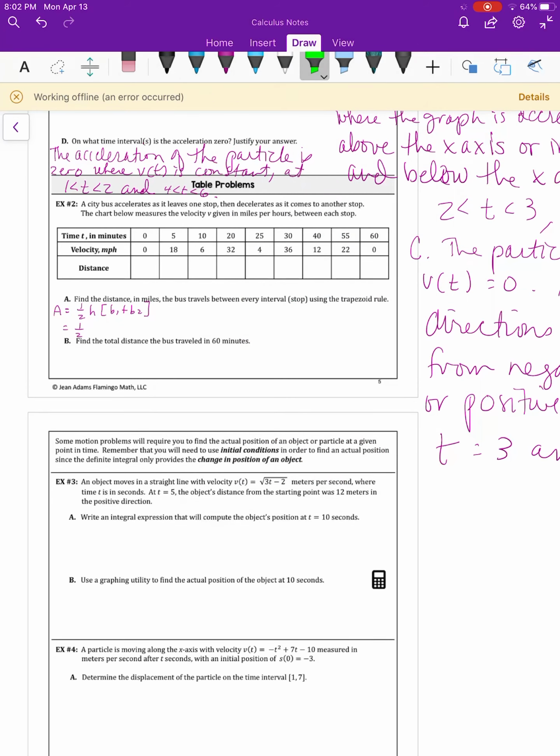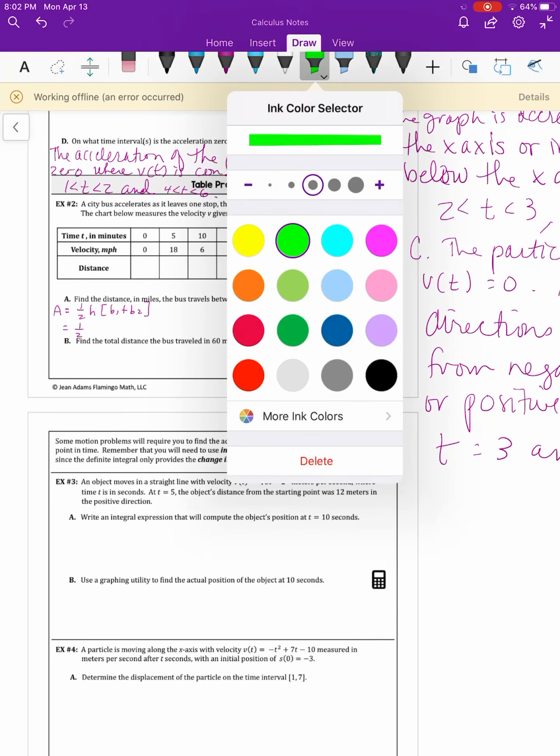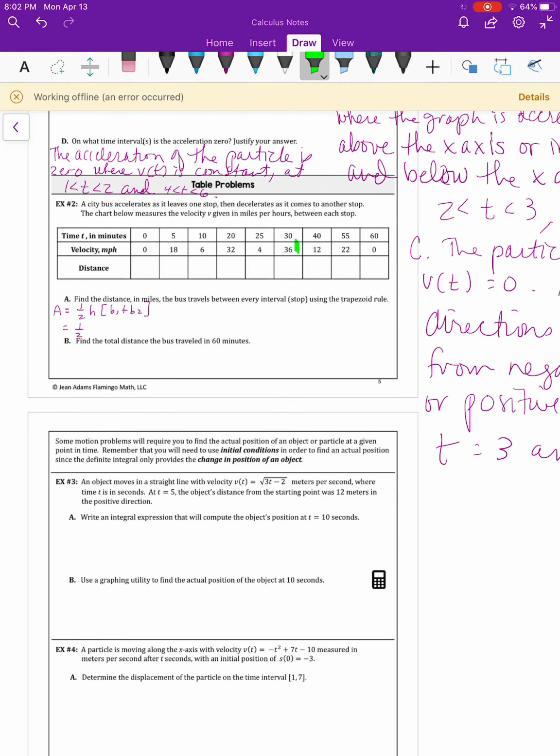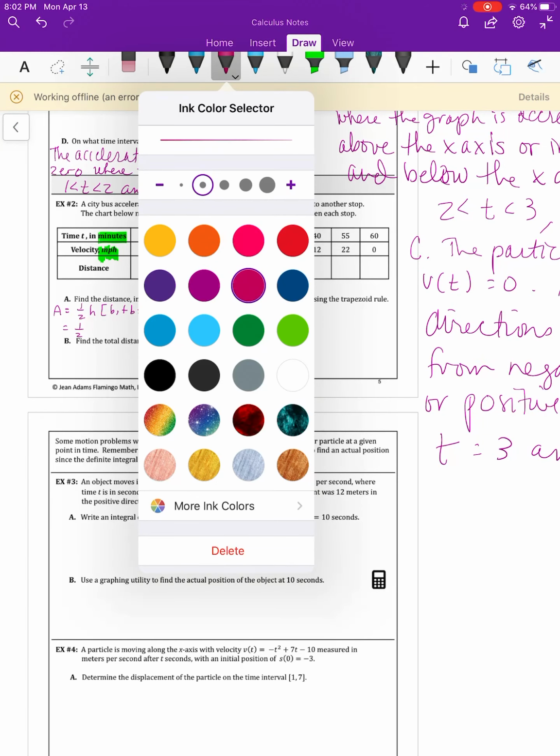And I started calculating between the first two intervals. Now, the only thing we need to remember is that we have minutes here, and we have miles per hour here. So we do have to make that adjustment.